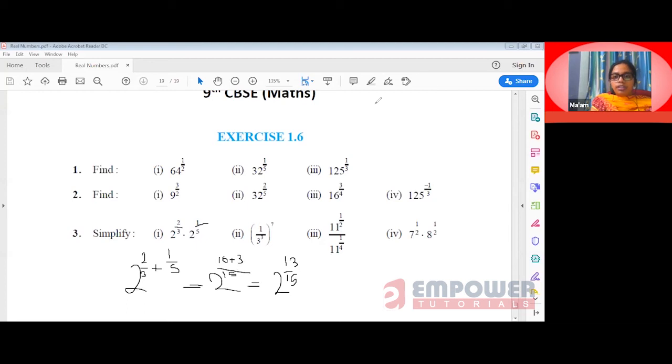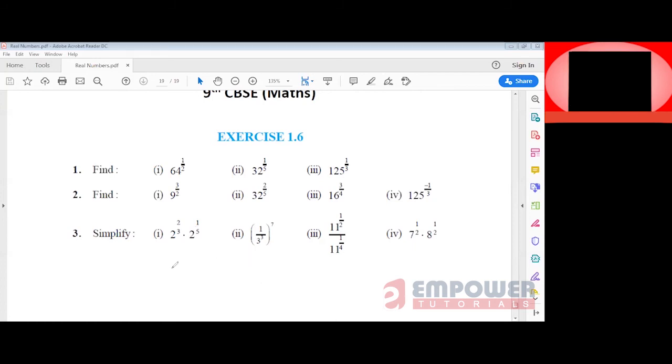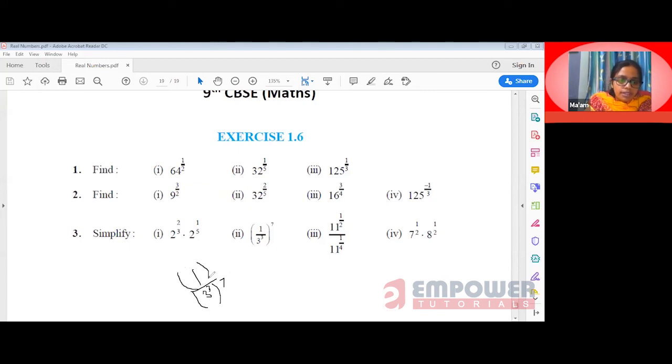Okay, very good. 2 raised to 13 upon 15. So tell me the next one. It will be 1 upon 3 raised to 21. Okay. So 3 raised to 7. So this will be raised to 7.